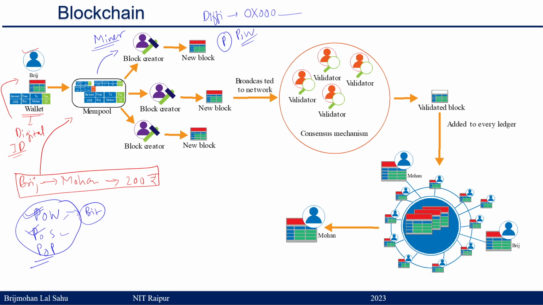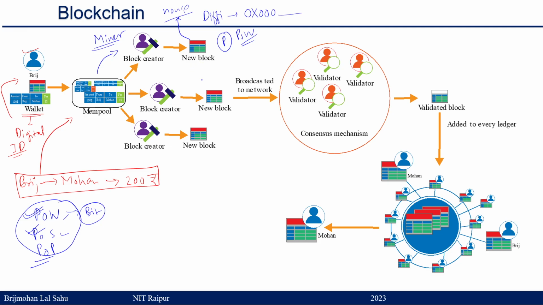A miner needs to create a block using one number known as a nonce, in such a way that it includes the previous block hash. He has to be careful about that.